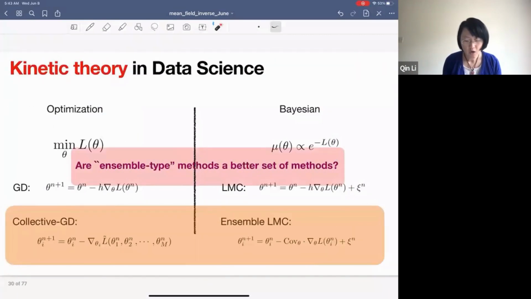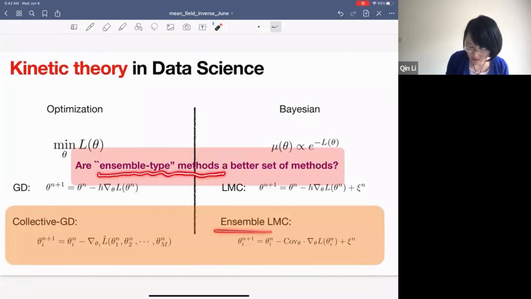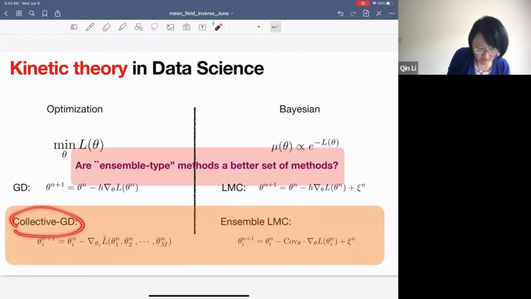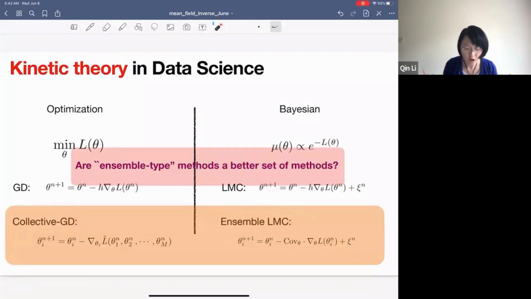I should say we don't know. We do not yet know if ensemble-type methods, either ensemble Langevin Monte Carlo or collective gradient descent, behave better than the classical ones. This is something that we do not know yet.